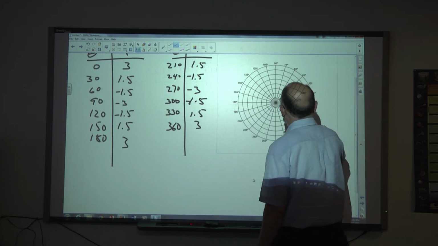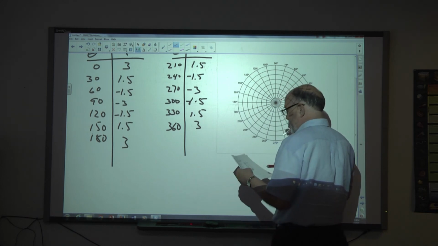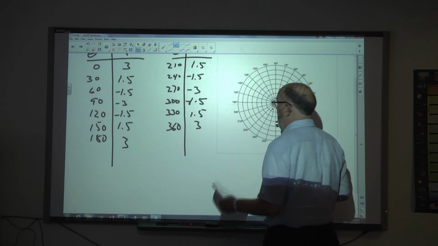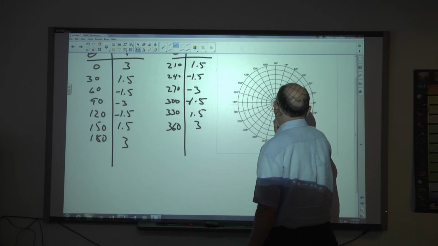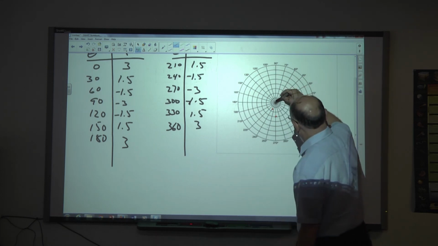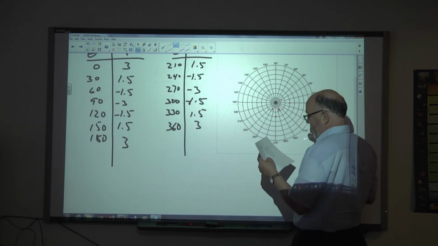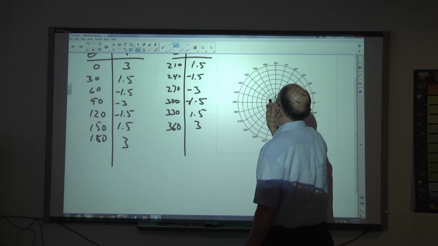We've got 60, negative 1.5, so that's going to put us on the opposite side, roughly here. 90, negative 3, so that'll put us down here. 120, negative 1.5 is going to put us here. 150, 1.5 will put us here.